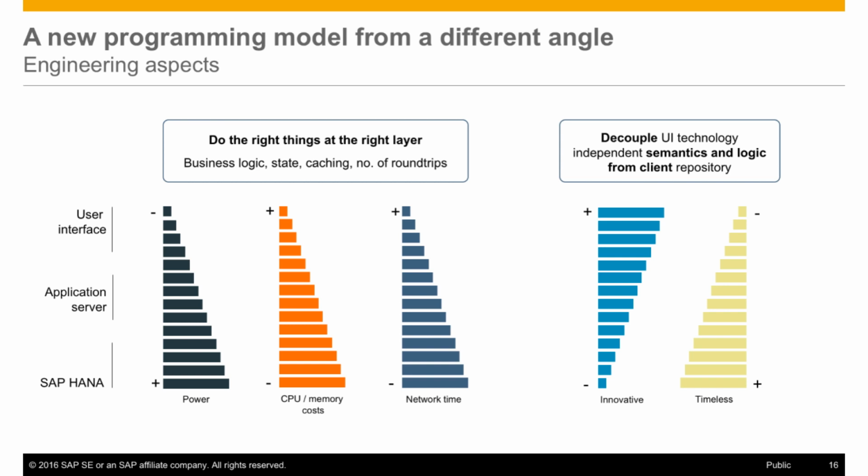And this does not depend on the UI technology where I want to visualize it. It's something which is bound to the sales order itself. And therefore, I can store this information in the back end, and then each UI technology can take this information in order to display the data accordingly. So I don't want to implement that in JavaScript on client side for each new UI technology again, but I want to have this metadata available in the back end so that a client could evaluate that. So timelessness in the back end, innovation on the client side.